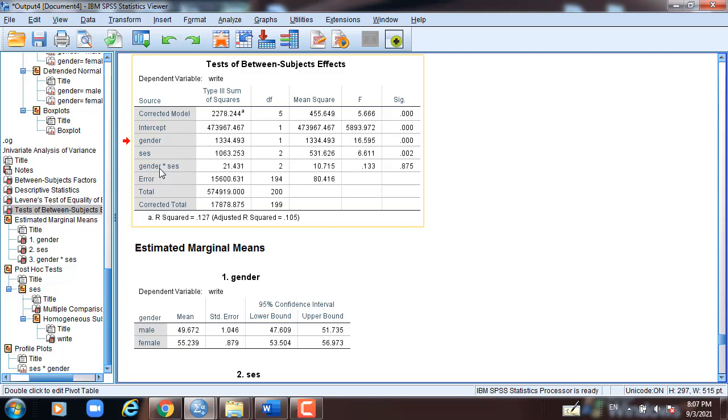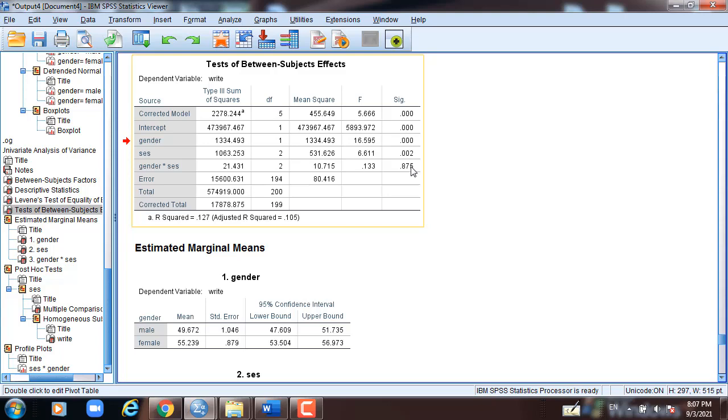The interaction is greater than 5%, which is statistically not significant.